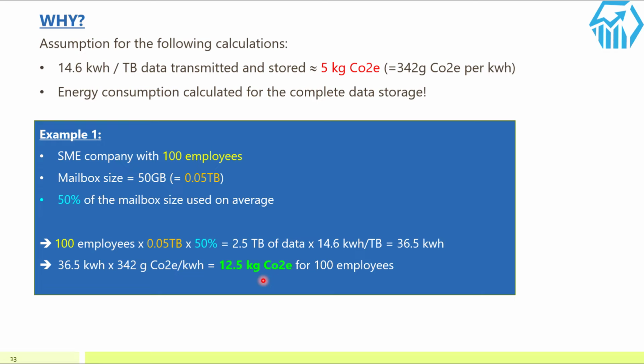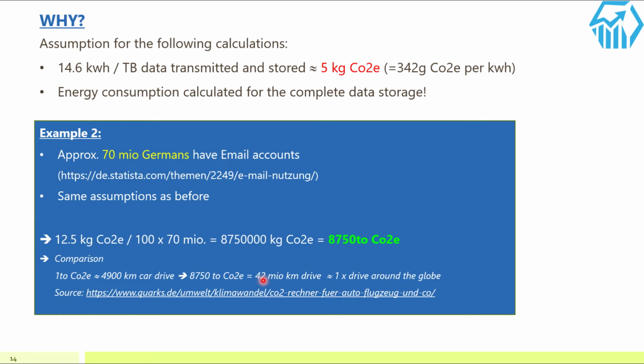So should we care? Well, then I tried to calculate this for Germany. In Germany, around 70 million people have mail accounts. And if you just use the same numbers, then you end up here with 8,750 tons of CO2 equivalents. And if you use this kind of converter, then you can calculate the kilometers that you can drive with a car to come up with the same CO2 emissions.